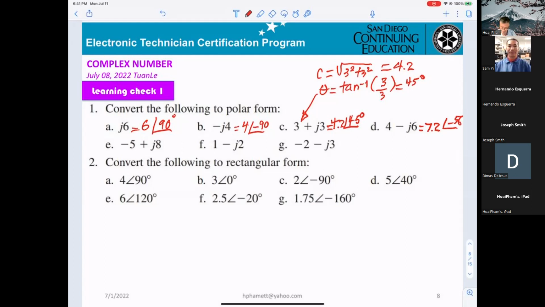Number C. Try to get it done quick. I put them here, 1C. Is it 10.9?